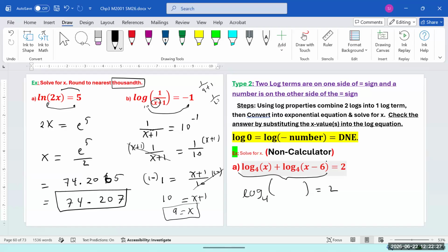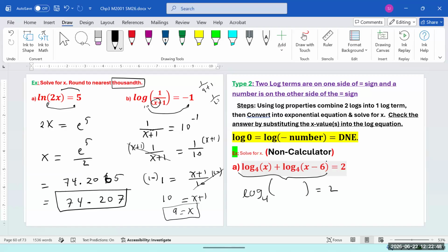How do you get 2x? How do you get 2 squared? x squared. Remember, when you do addition, you multiply the argument.